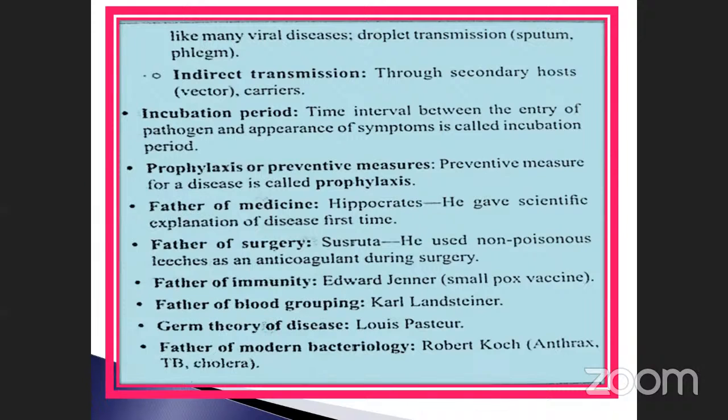And here they use non-poisonous leeches. It has an anticoagulant substance. Will you please tell me which anticoagulant substance is present in the leeches? They were used in ancient ages, when medicine was first discovered.